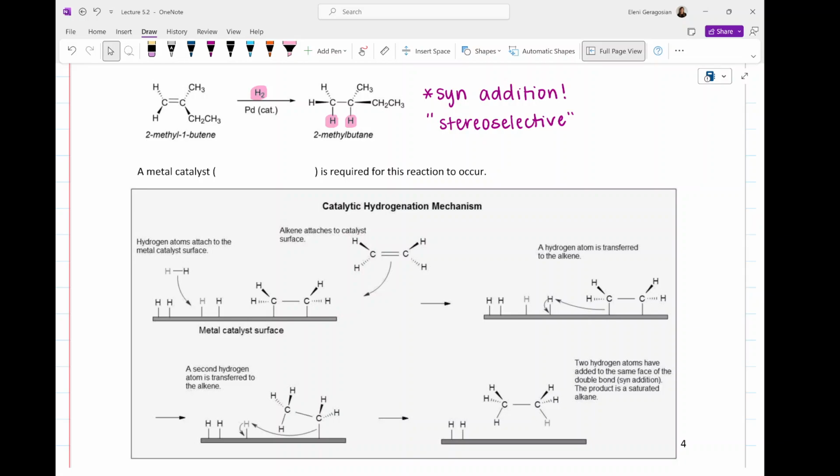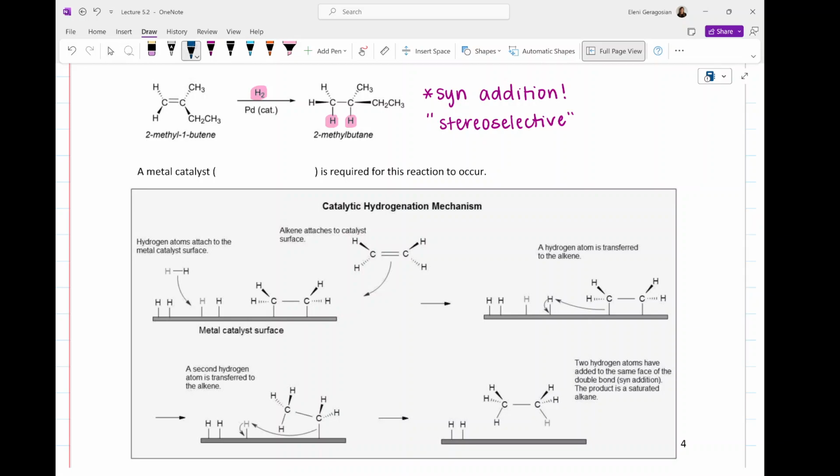Now to add hydrogen, it's really not easy to take an alkene molecule, these are liquids, sometimes solids, and bubble hydrogen gas, since H2 exists as a gas, with that solid or liquid. A reaction doesn't really occur. So a catalyst, something that helps the reaction proceed, is required for this reaction.